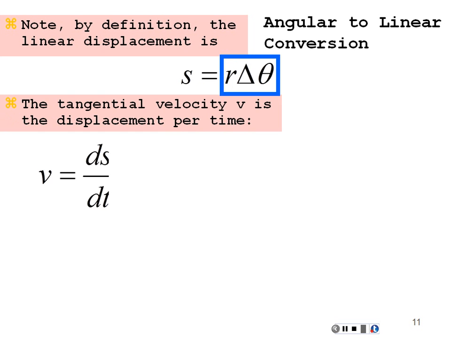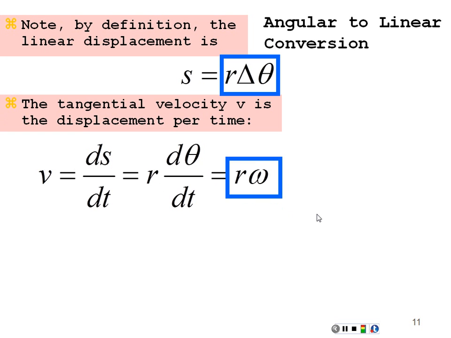The tangential velocity is our change in displacement per time, ds dt in this case. And since r is constant as we're displacing along this radius, that would be equal to r times our change in theta per time, which is r times our angular velocity. So we can get the linear velocity of a point by multiplying the angular velocity of the whole object rotating by the radius to that point.